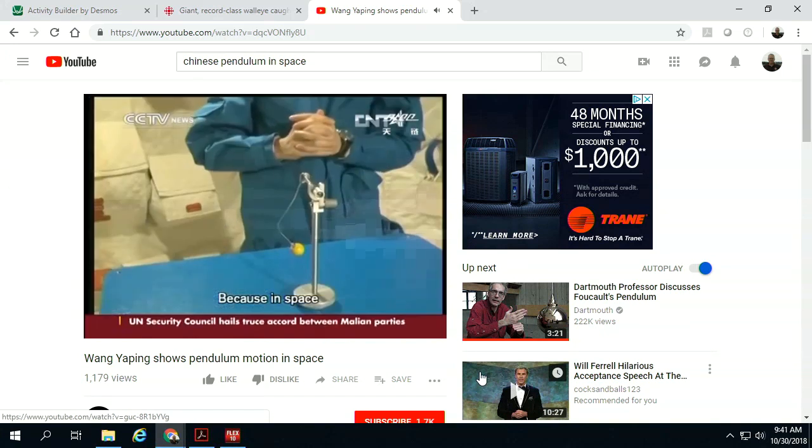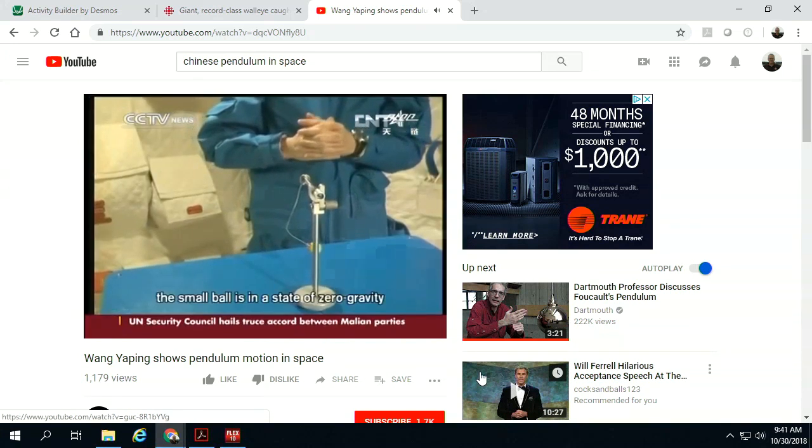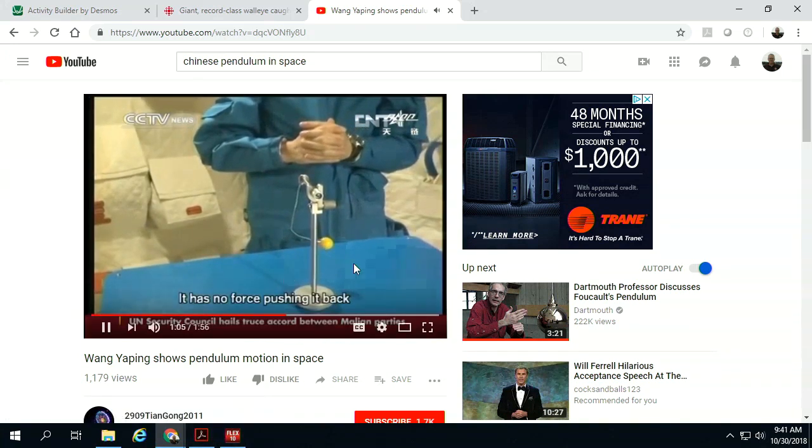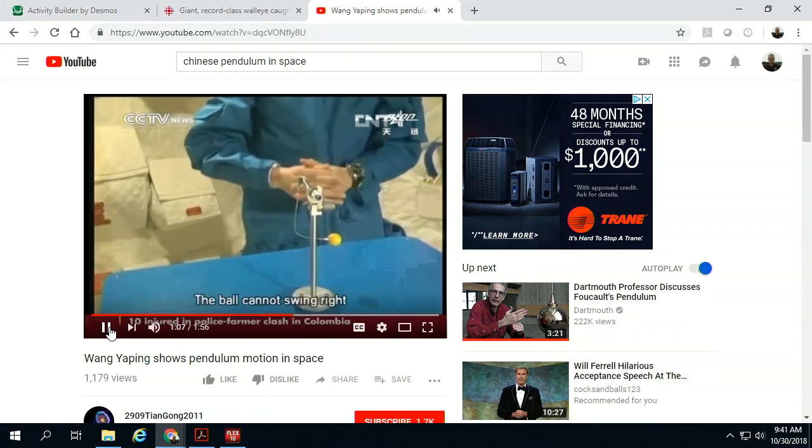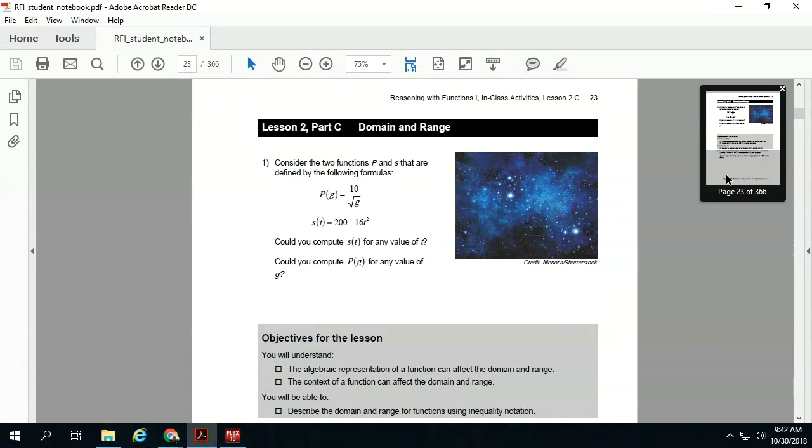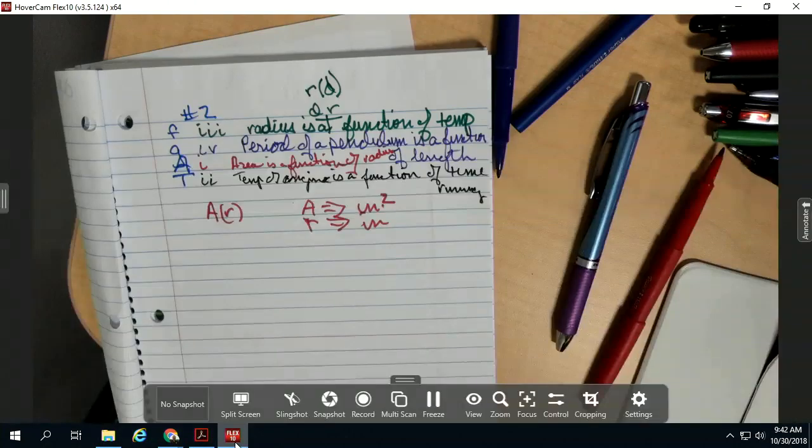Why does her pendulum out in space not move? Because the force of gravity isn't as strong. Not only is it not as strong, it's not at all.